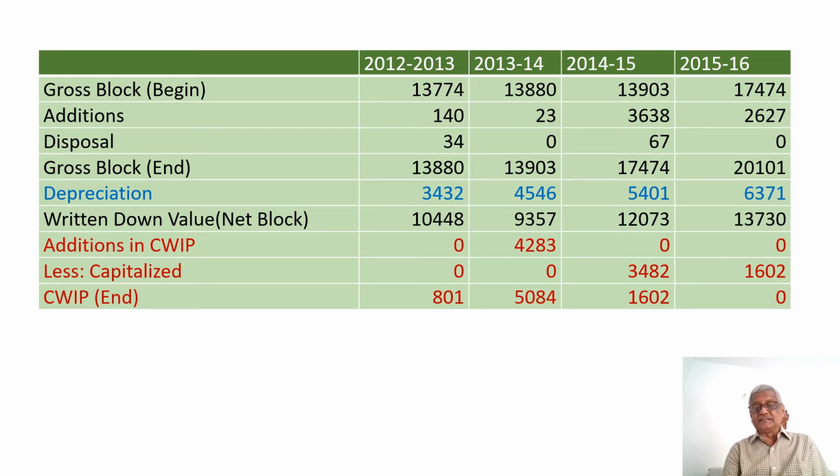So out of this 801, 4283 addition has come, making the total capital work in progress 5084, and 3482 is capitalized, leaving the capital work in progress at 1602. Now that 1602 is capitalized in 2015-16, making the capital work in progress 0. This is how it appears in the balance sheet of a company based on Schedule 3 of the Companies Act.